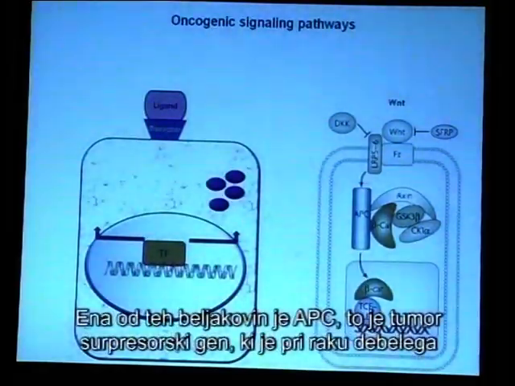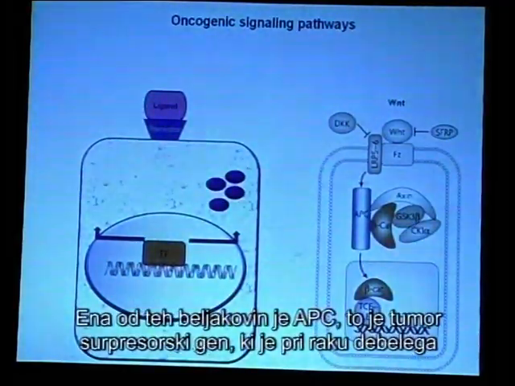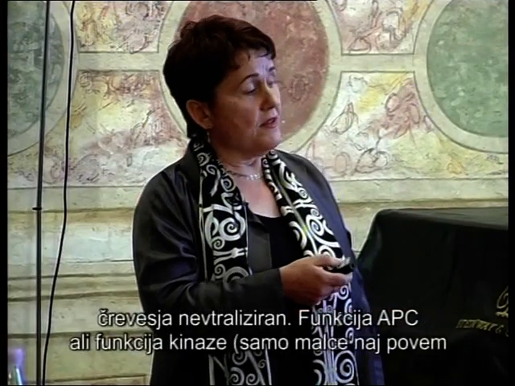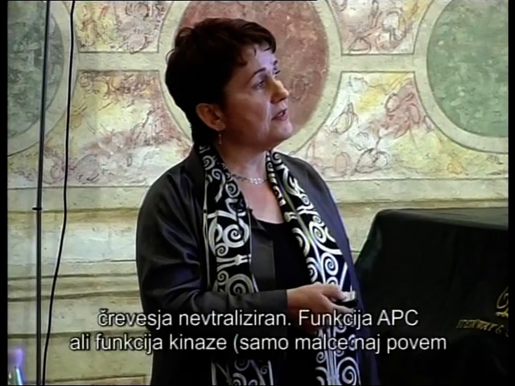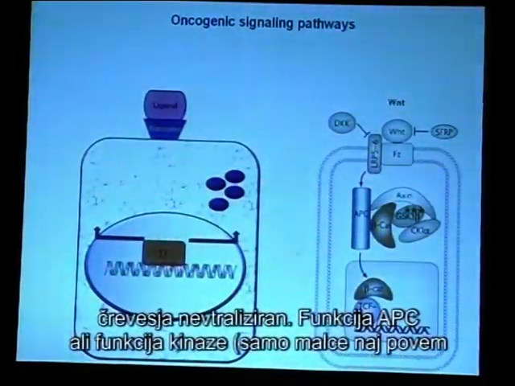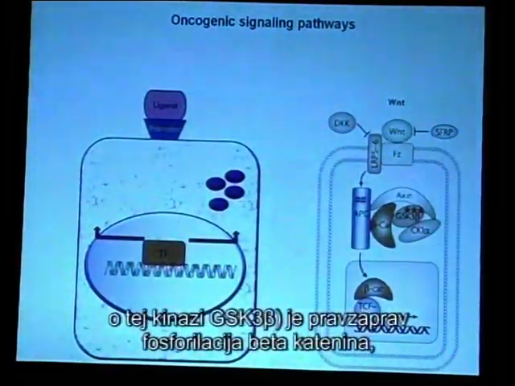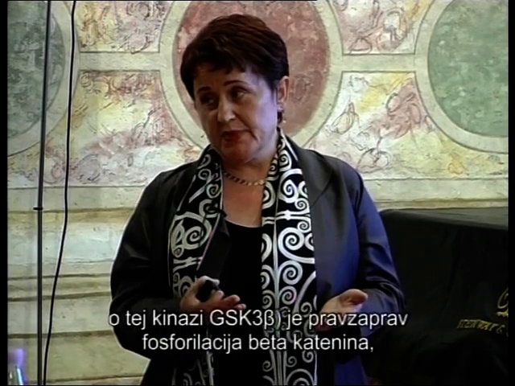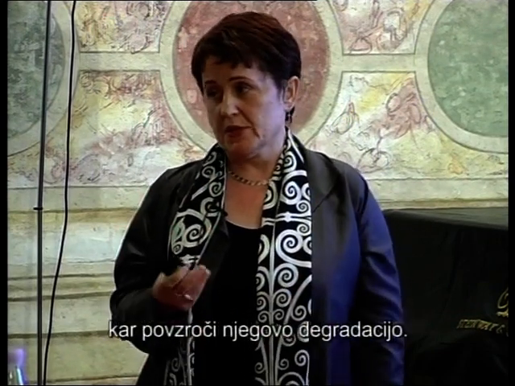One of these proteins, if you note, is the APC. That's the tumor suppressor gene, which is mutated in colon cancer. And the function of APC, or the function of the kinase, I'll be talking a little bit about this kinase, GSK3 beta, is actually to phosphorylate beta-catenin and to cause its degradation.